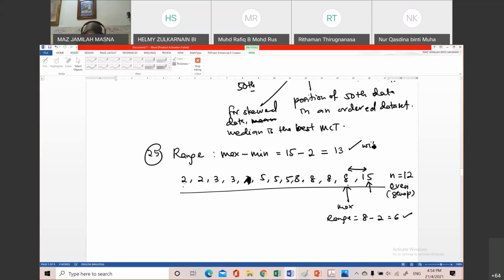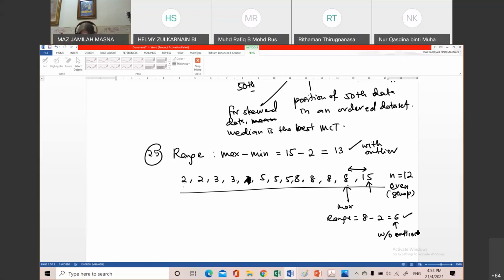So range is affected by the outlier, because range uses the maximum value minus the minimum value. Whenever the minimum is the outlier, the range will become affected. The same goes if your outlier is at the maximum value.